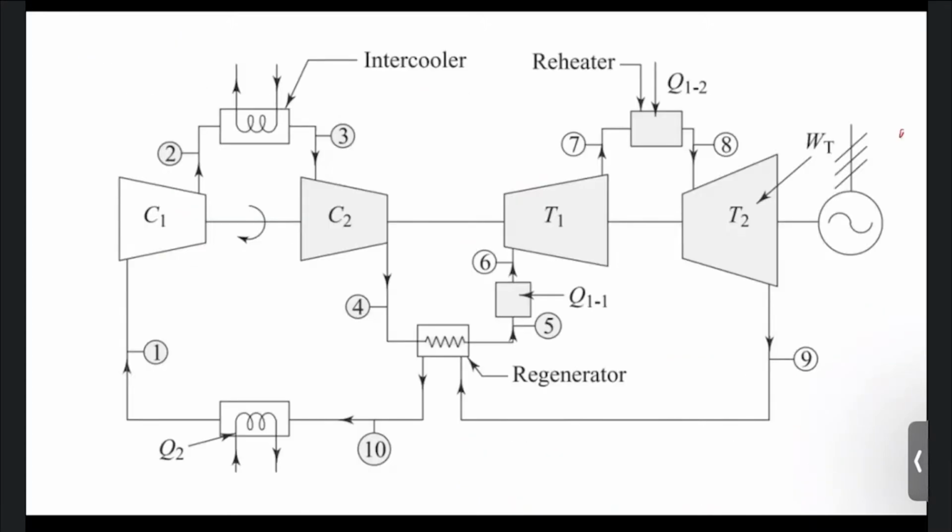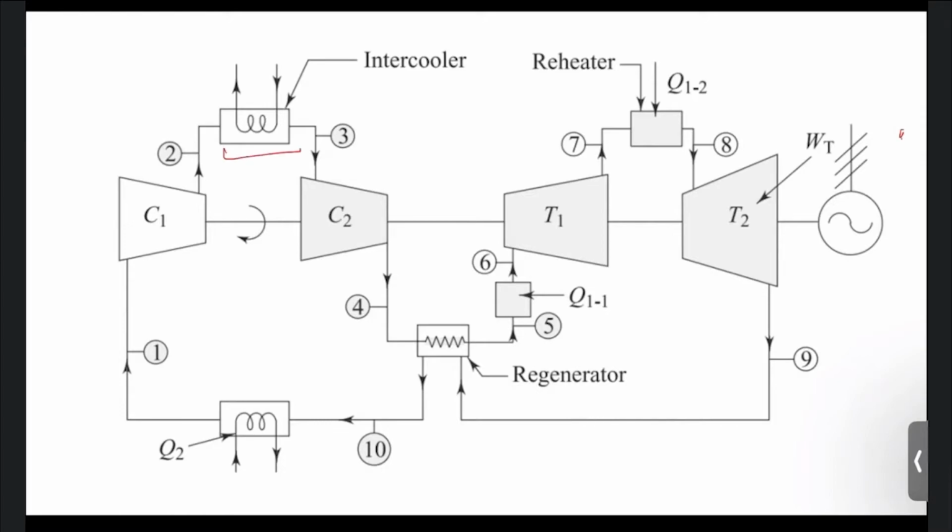The engines also sometimes use intercooling, reheating and regeneration, similar to the Rankine cycle or steam power engines. Intercooling occurs between the low pressure compressor and the high pressure compressor.